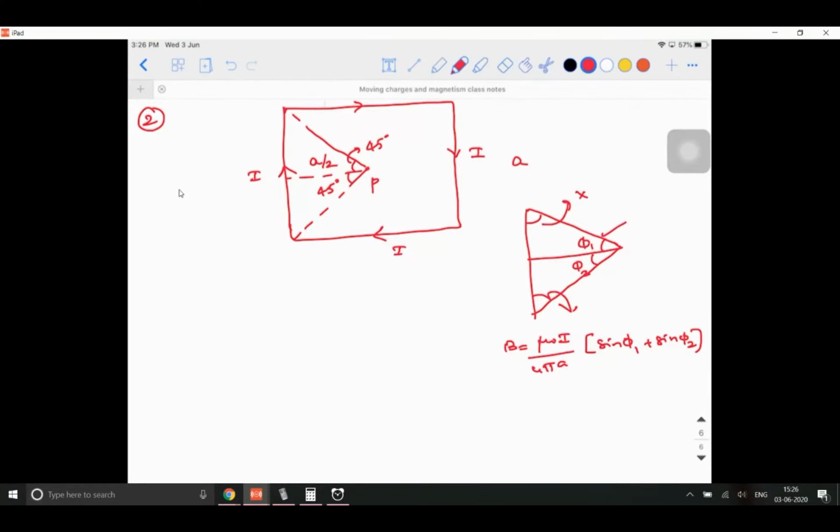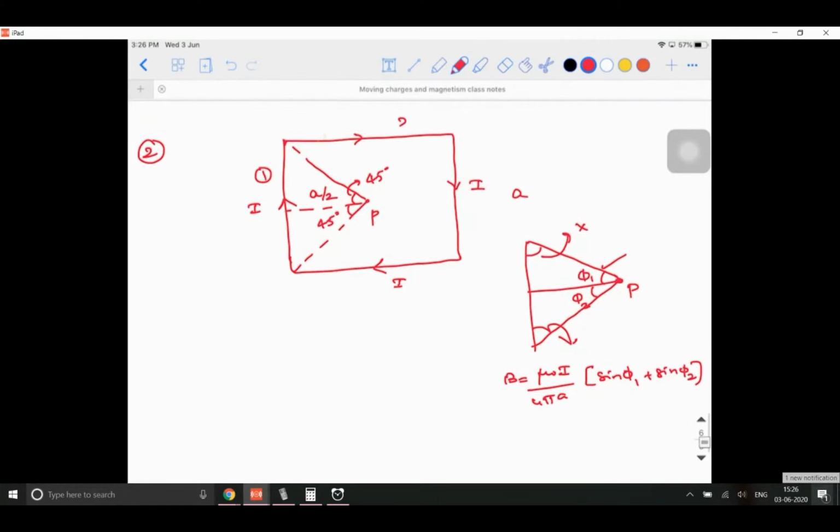So phi 1 and phi 2 are near the point where the field is to be calculated. They are not close to the conductor. So if I take this as the first conductor, second conductor, third conductor, and fourth conductor, what is the magnetic field due to the first conductor at point P?